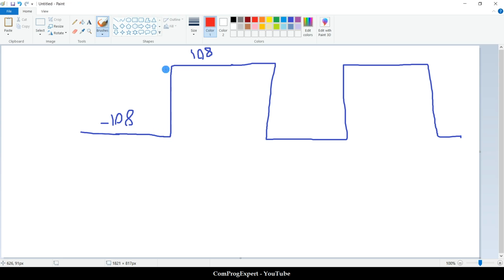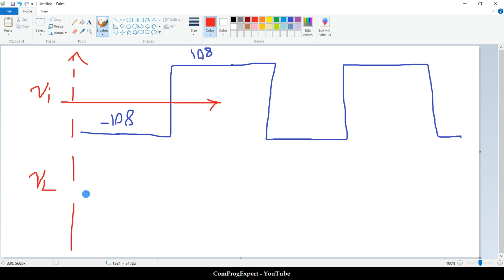In this instant, when the polarity of the input voltage changes, this is Vi and this is VL, the inductor voltage. This is 0, and also this is the x-axis, the time. Here, the inductor voltage is 0, yes, because we have a current in the resistance.